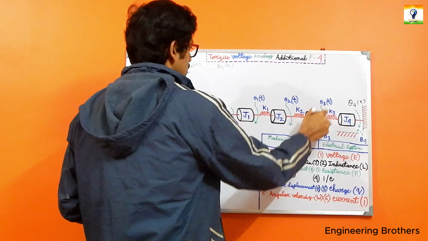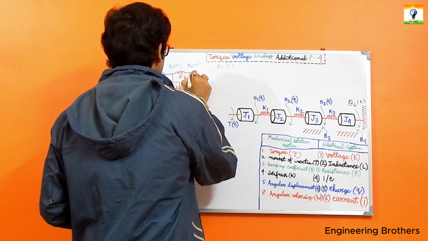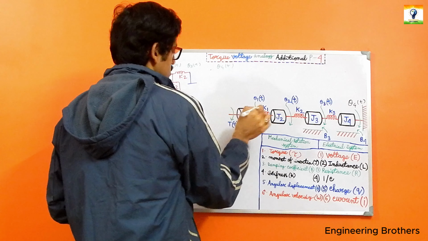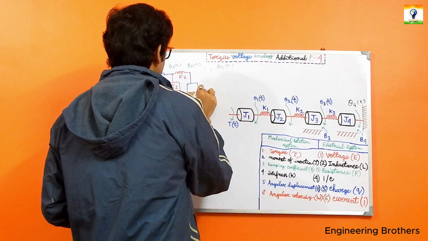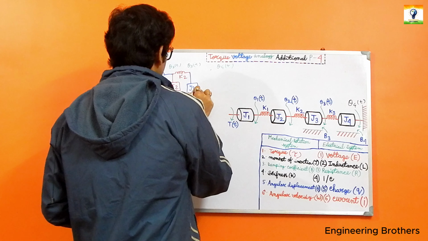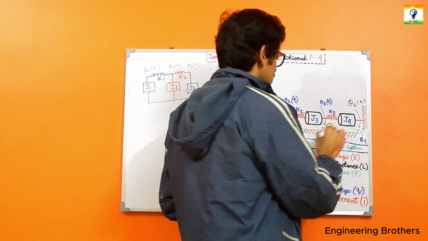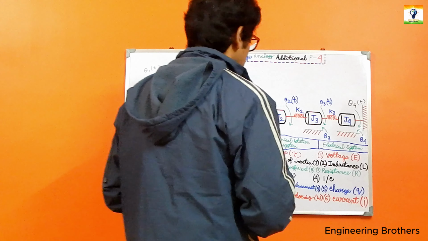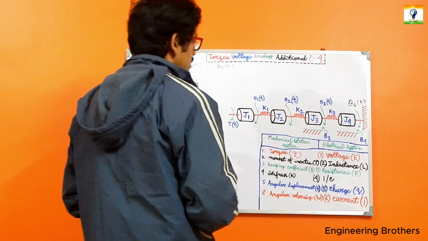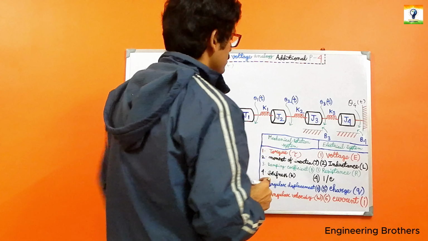With this considered part we have realized that the friction element B3 is directly associated with theta 3.